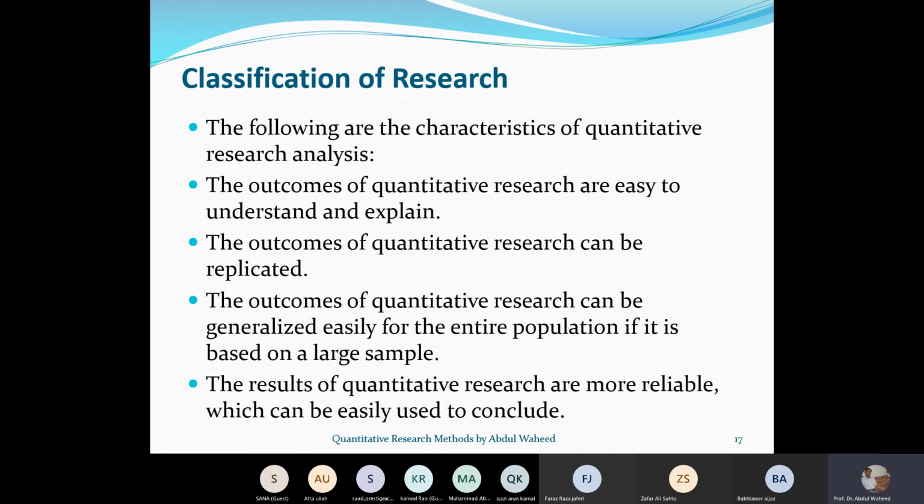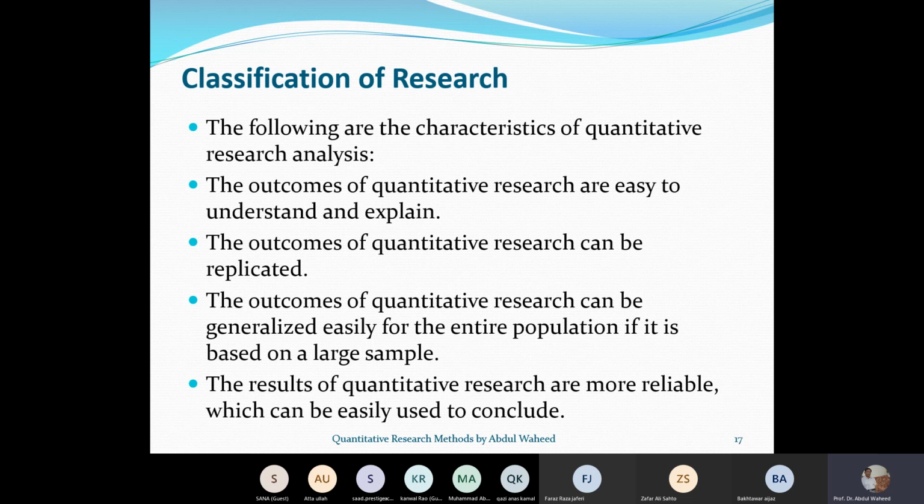The results are also more reliable in the case of quantitative research, and it is also easy to come up with some conclusion, and there will be agreement of all on that conclusion, because if I say this is the mean average, and you calculate, you will get the same average.